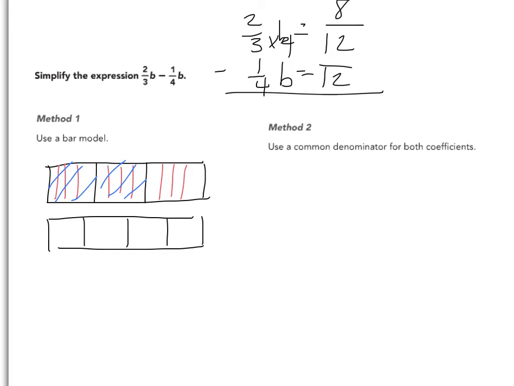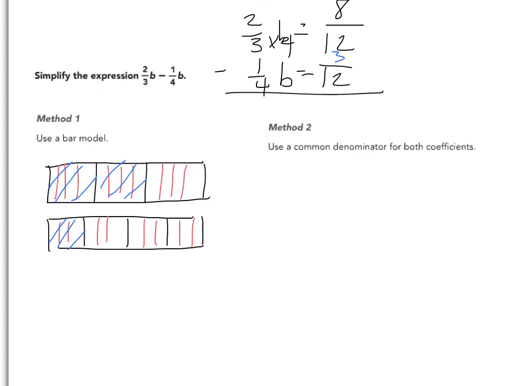Now, for fourths, 1/4 is equal to how many twelfths? Well, I'm going to break this into 4 times 3, so I need to break each of these into 3 groups. And 1/4 is one of these pieces, and 1/4 is equal to 3 twelfths. Okay, so if you have 8 twelfths and you take away 3 twelfths, so I'm going to take away 3 of those pieces.